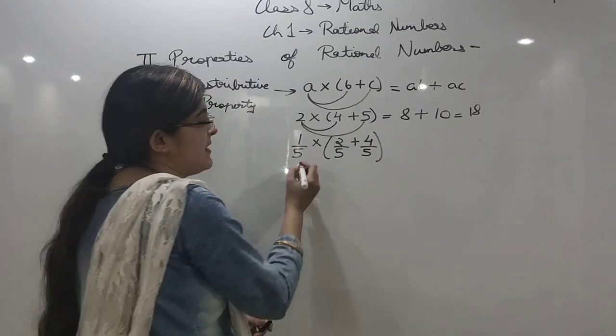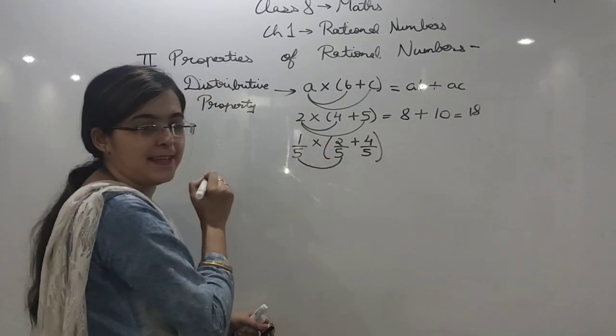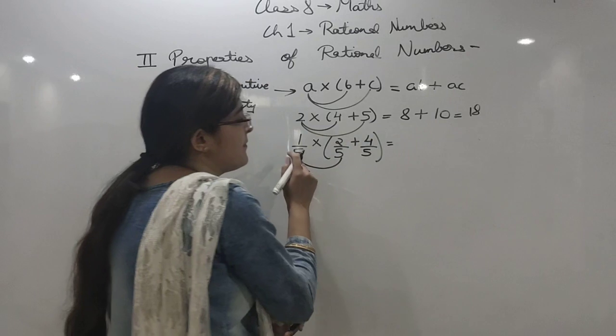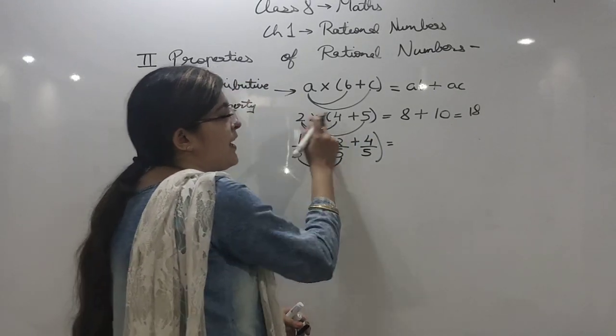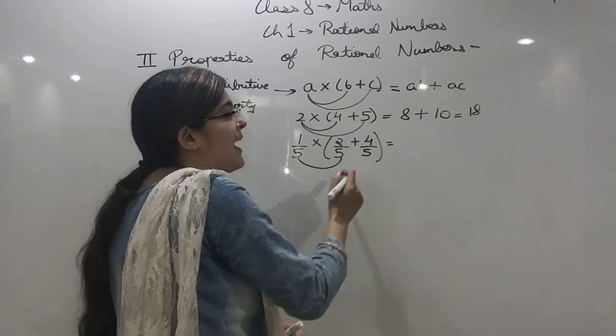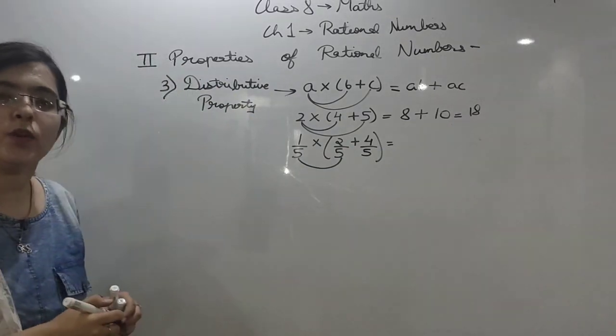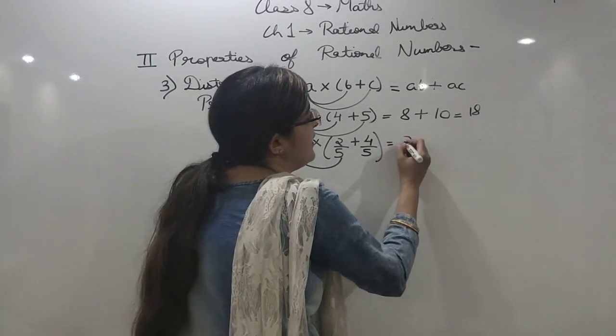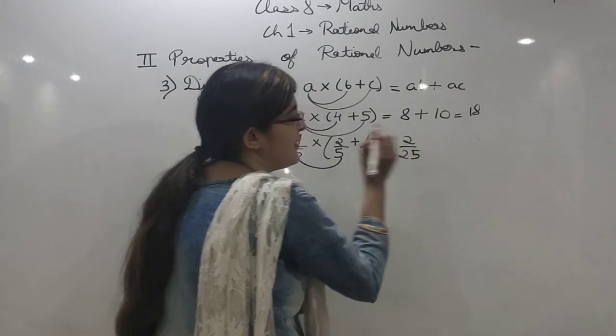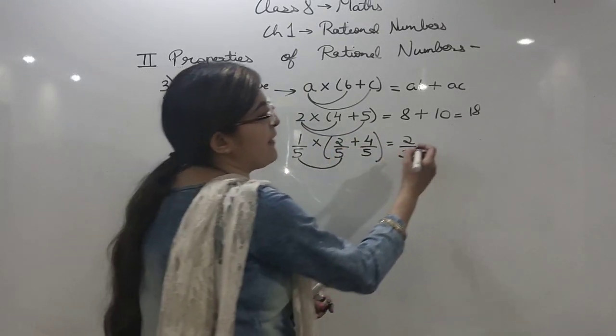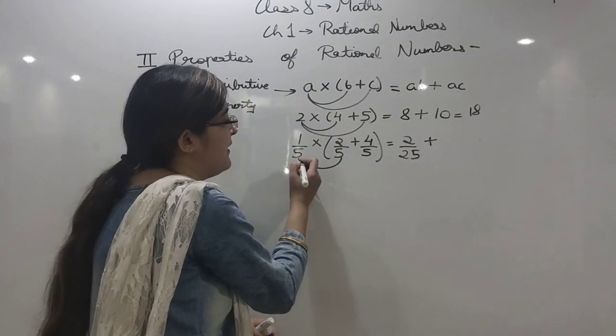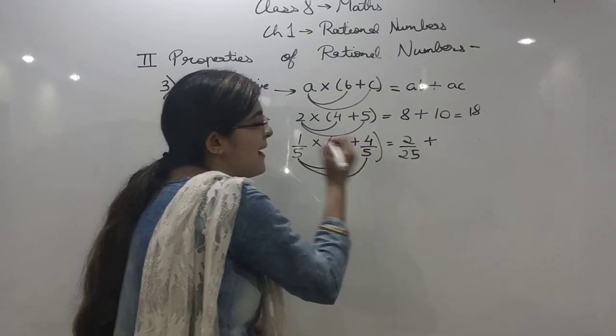What will be the answer? First we will multiply it by this. What will come? 1 by 5 into 2 by 5. Numerator into numerator and denominator into denominator. The answer will be 2 by 25. Since here it is a plus sign, we will put a plus sign. Now we will multiply this by this.